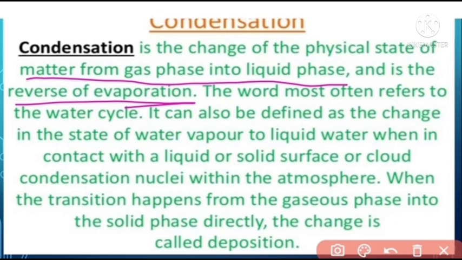It can be defined as the change of state of water vapor to liquid water when in contact with a liquid or solid surface or cloud condensation nuclei within the atmosphere. Sea water, river water and lake water vaporize into cloud, and then the cloud condenses again into liquid. This is called phase transition, a physical change.